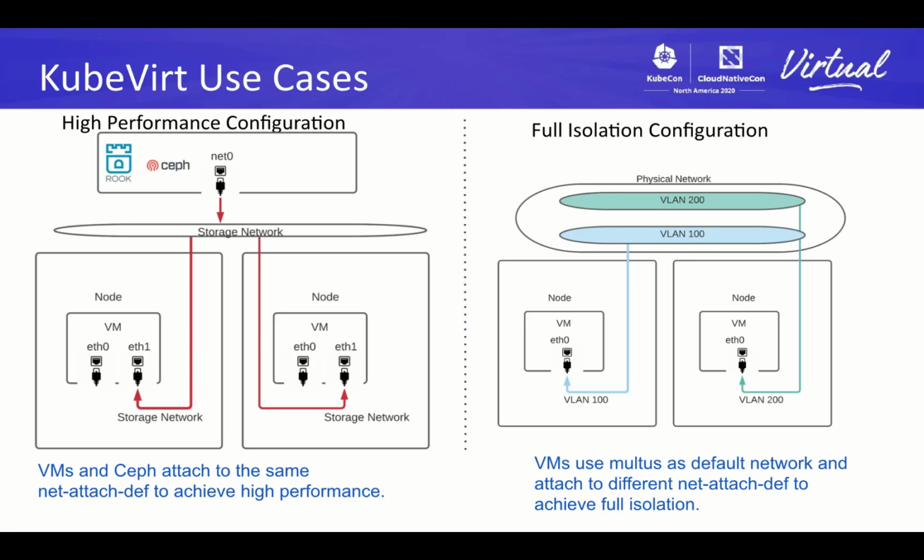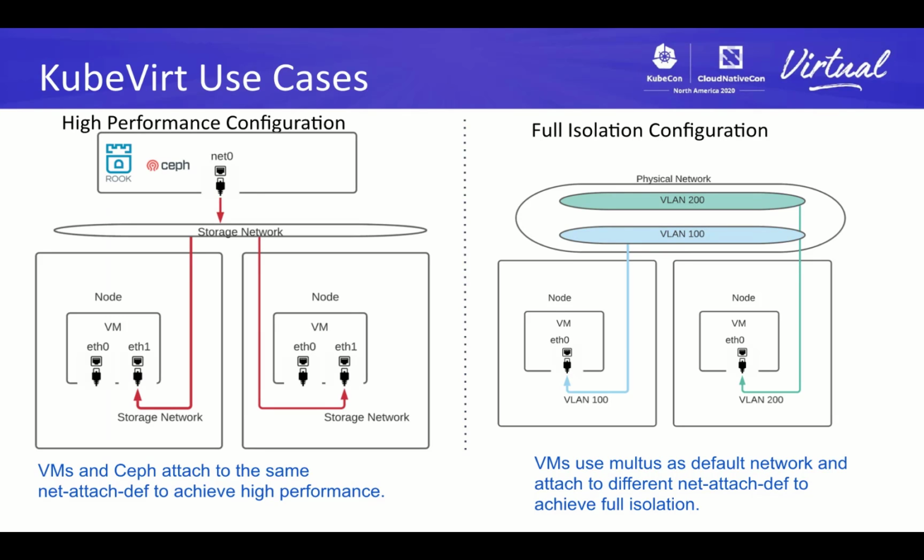One of the recent features in Rook is that it allows a Ceph cluster to use a separate network defined by a network attachments definition, so that the front end, the public network that the Ceph clients are interacting with, has the best possible bandwidth.